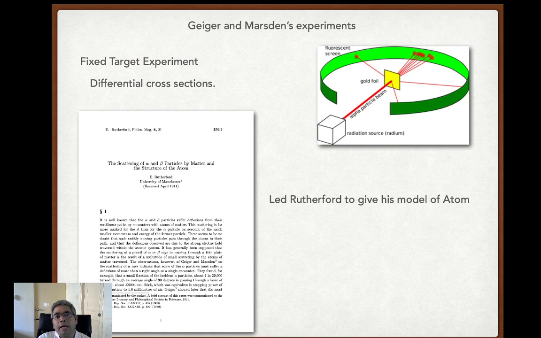So along the way we have this famous Rutherford atomic model, which was essentially based on experiments by Geiger and Marsden. You know the experiment here: you have a source of radiation which goes and hits a thin gold foil, and it was also repeated with silver foil.